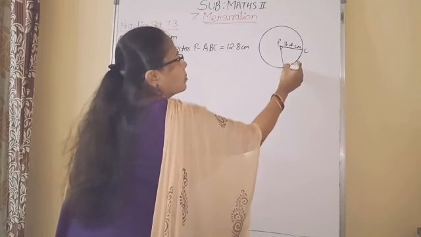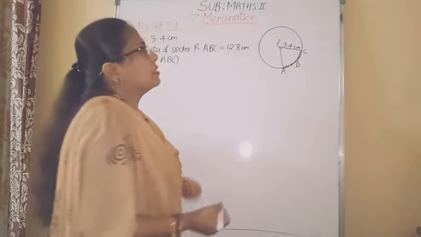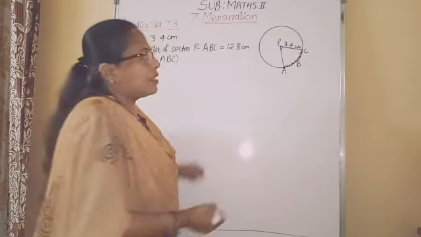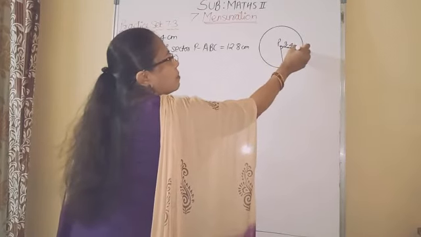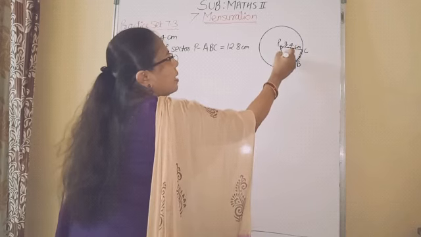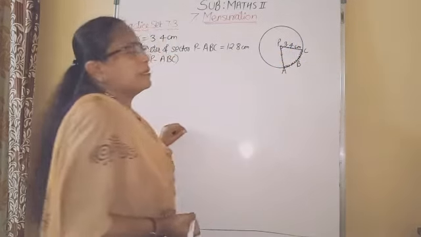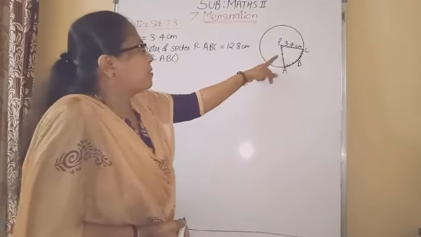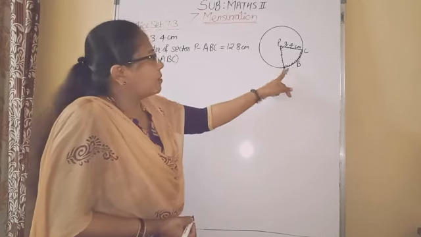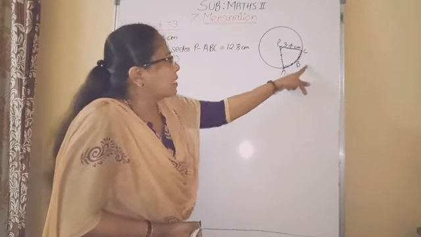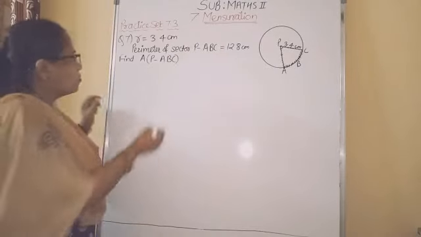This much portion is called the length of arc ABC. So radius we have and perimeter is given, so from that we can find the length of arc ABC. Okay, so let us start the solution.